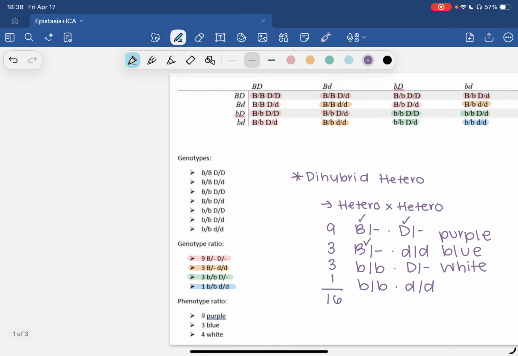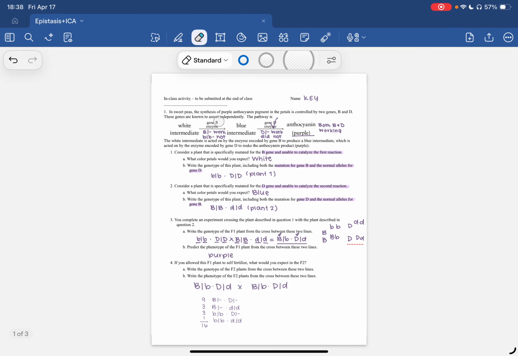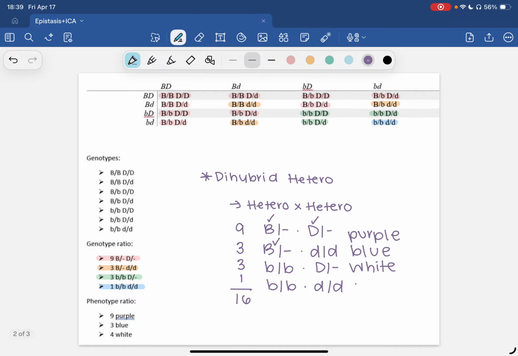And then the last option is neither of your genes are good. So again, if you can't get past this gene B enzyme to make the blue intermediate, you have to jump back to your white. And that is how you get your 9 to 3 to 3 to 1 genotype, but a 9 to 3 to 4 phenotype.